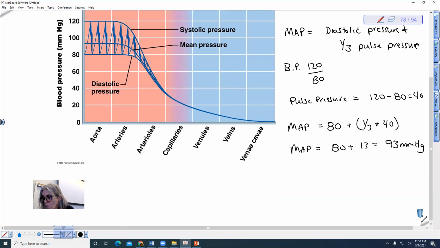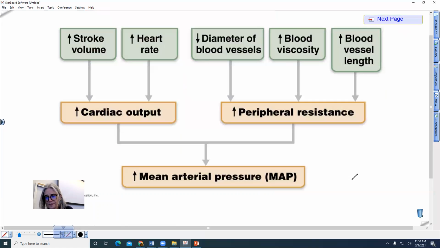Okay, so let's look at some other things that affect our arterial pressure. What are some things that affect MAP? One would be your cardiac output. As you increase your cardiac output, like increasing the contractility of your heart, which would increase stroke volume, you're going to get an increase in MAP.